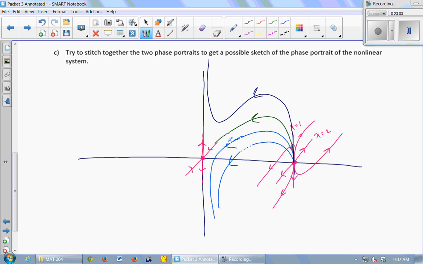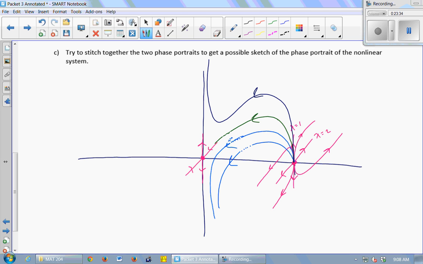Why? As soon as it gets, I mean, this is very qualitative, so you can't say which one, right? But at some point, these solution curves are going to meander far enough away from this equilibrium point that they're not going to be governed by the behavior that we think should happen near this equilibrium point, because we linearized. The linearization is only good in some small window around the equilibrium point.